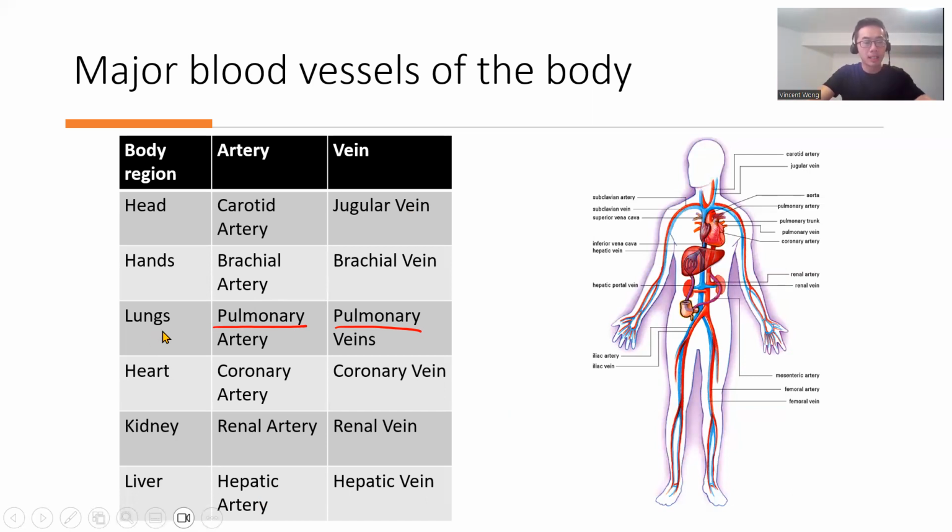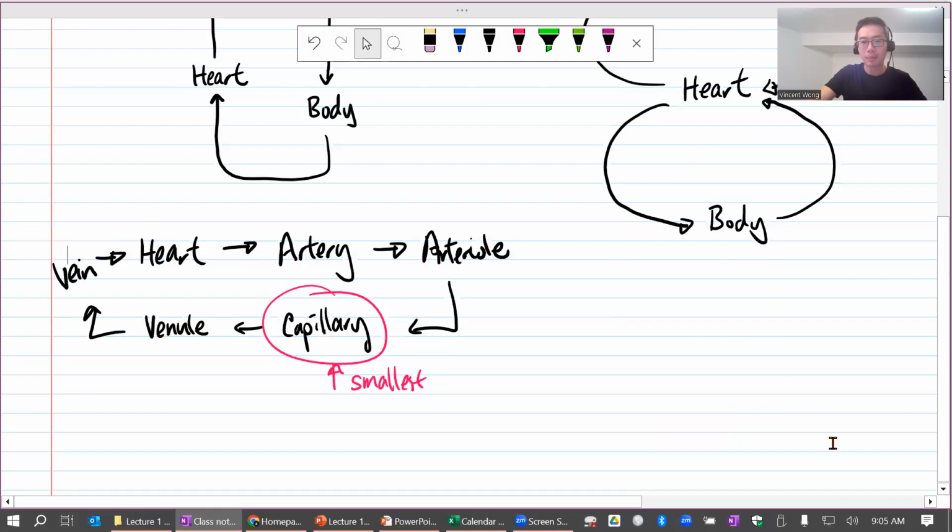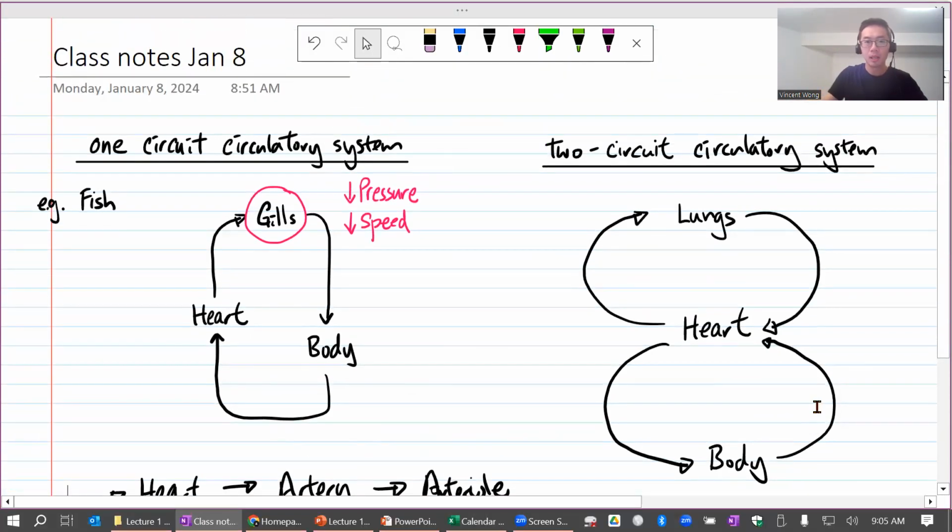We take the blood to the lungs through the pulmonary artery, and we're going to return the blood to the heart through the pulmonary veins. So if you have this diagram here, what should I put over here? The heart is sending the blood to the lungs. What vessel should I put on this side? The pulmonary artery. That's right.